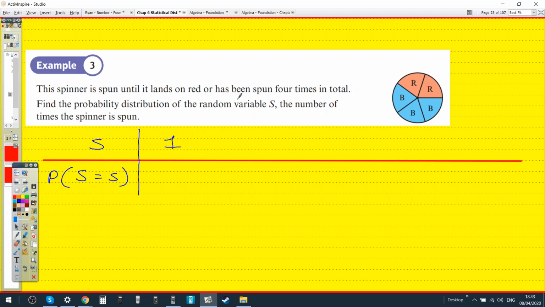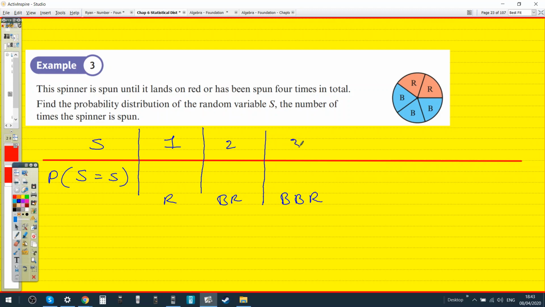So S is the random variable that is the number of times the spinner is spun. Okay, next possibility. BR, so then it would be spun twice. And then BBR, so 3 times. And then 4 times in total.